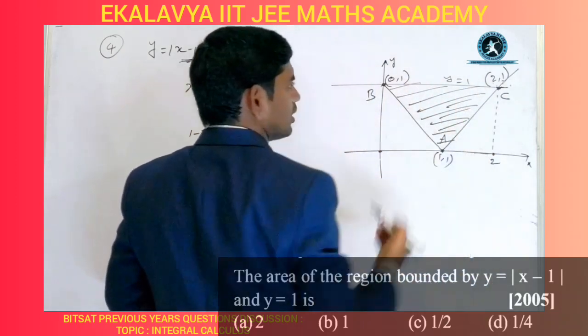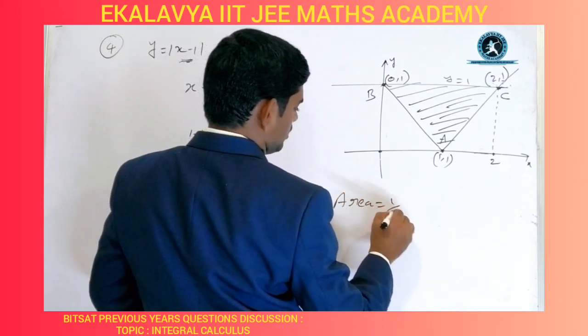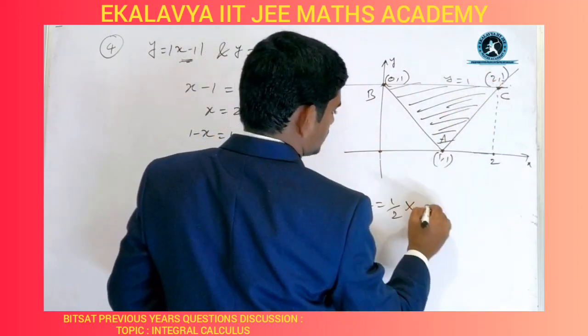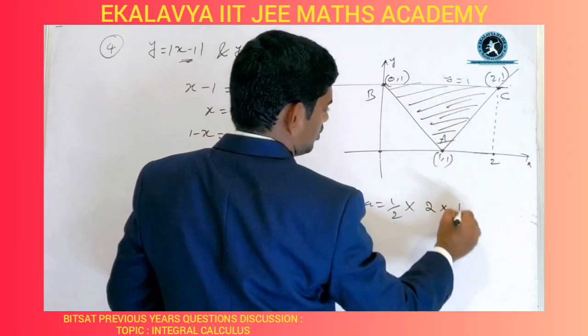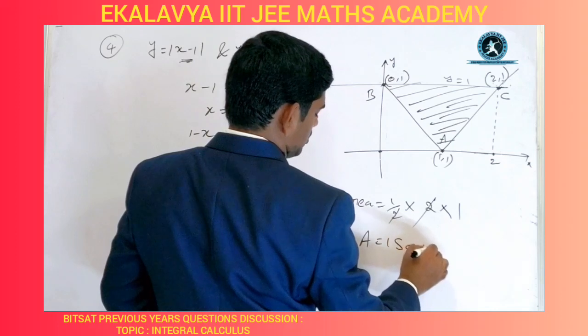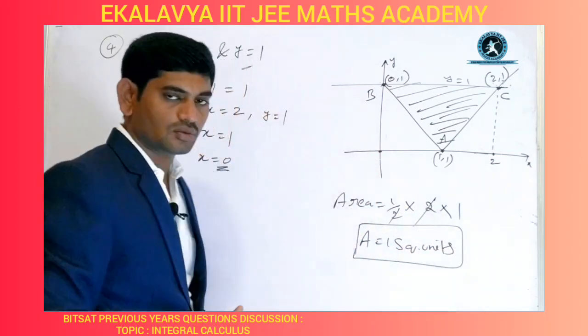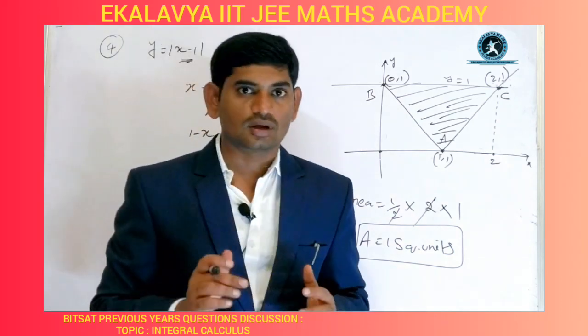It looks like a triangle. So area is equal to half into base into height. The base is 2, into height. The height is 1. The 2 gets cancelled, therefore the area is equal to 1 square unit. So this is the correct answer.